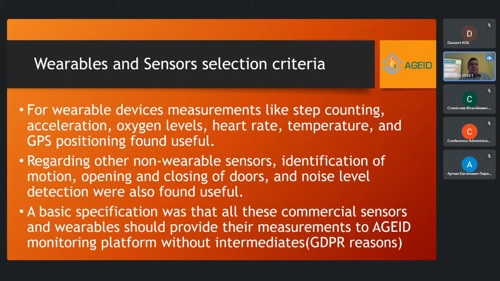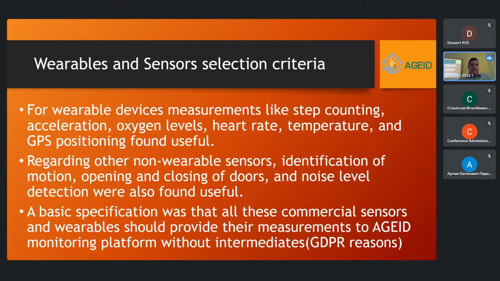Some indicative measurements that they found useful for these people are common things like step counting and acceleration. These acceleration measurements can help with fall detection and shock detection, because these people suffer from epileptic shocks.